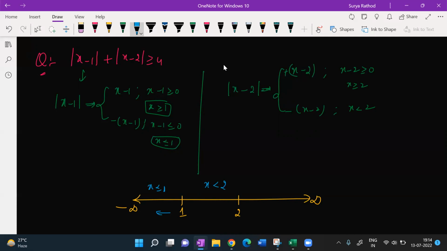Here x has to be greater than or equal to 1. This region is x greater than or equal to 2. This means x lies between 1 and 2 here.